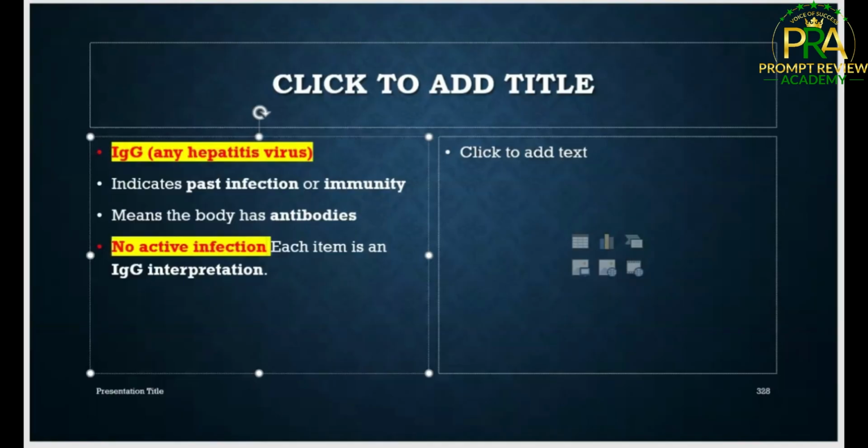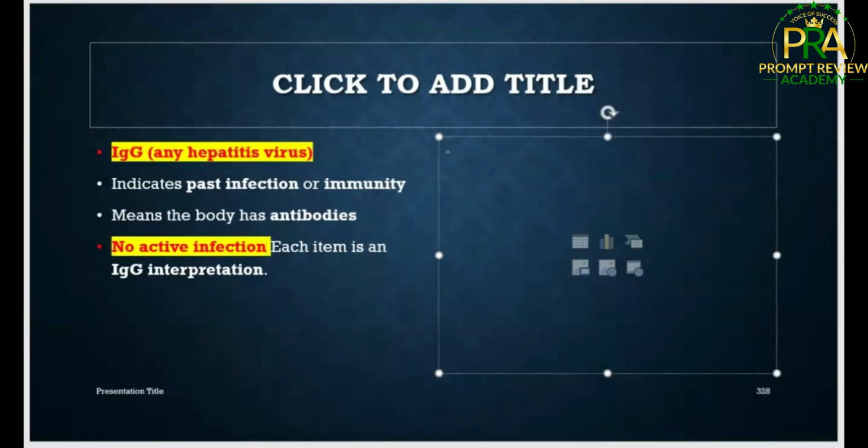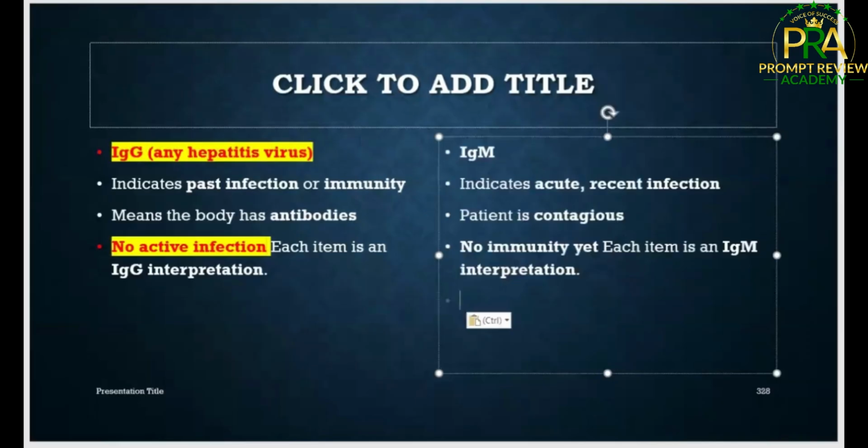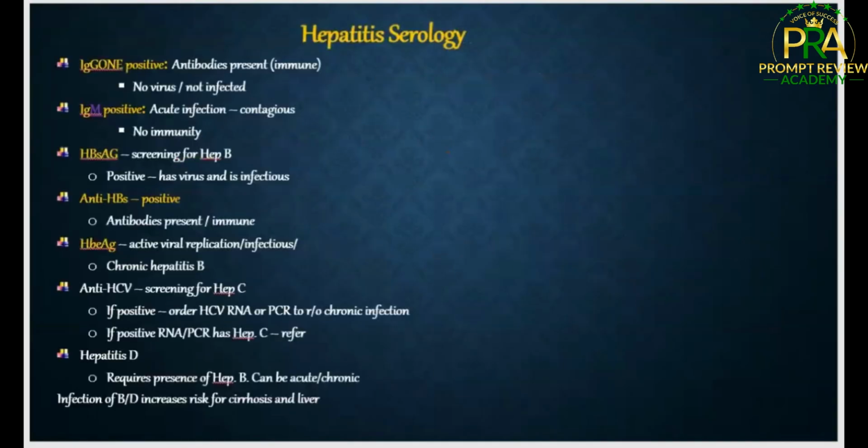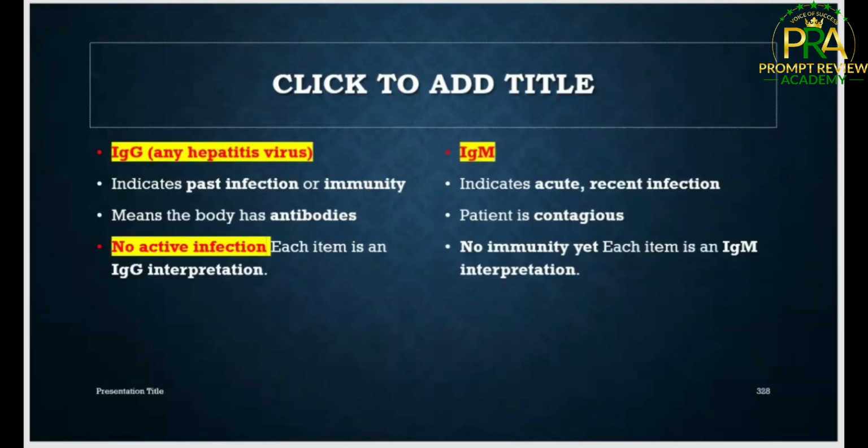Then there is another one that is IgM. What is happening in IgM? Some people remember M as in minute. Minute means positive. It indicates that the patient is contagious.